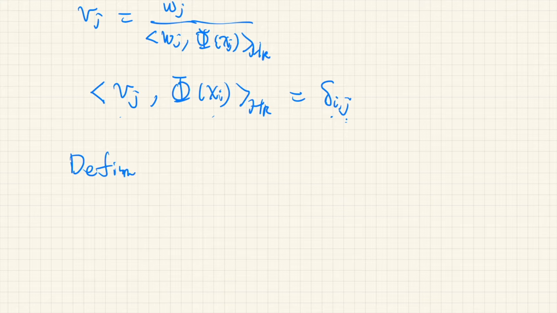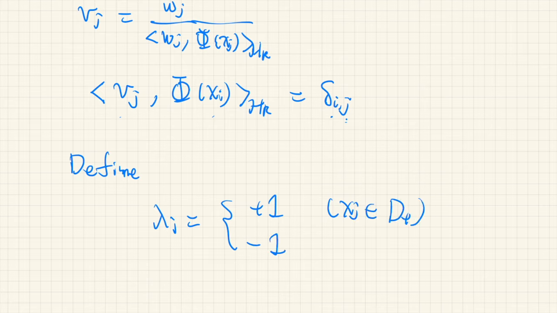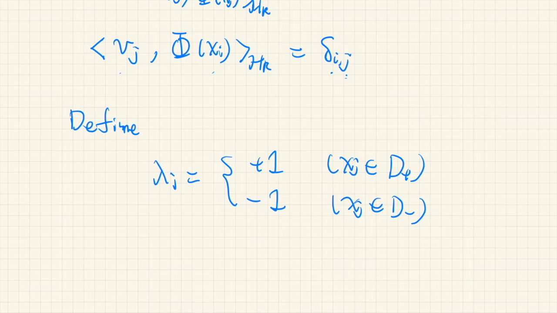Define lambda_j as +1 if x_j belongs to D+, or -1 if x_j belongs to D-. And using these labels, we define the vector v as the sum over j from 1 to n of lambda_j times v_j. By construction, this vector v is an element of W.